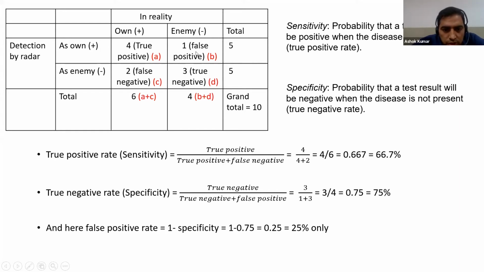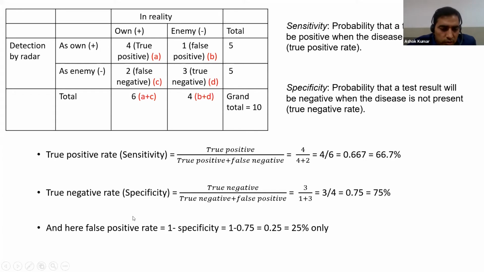So 3 divided by 4, it's 0.75, that's 75% specificity. And what is specificity? A test will be negative when disease is not present. That is a probability.